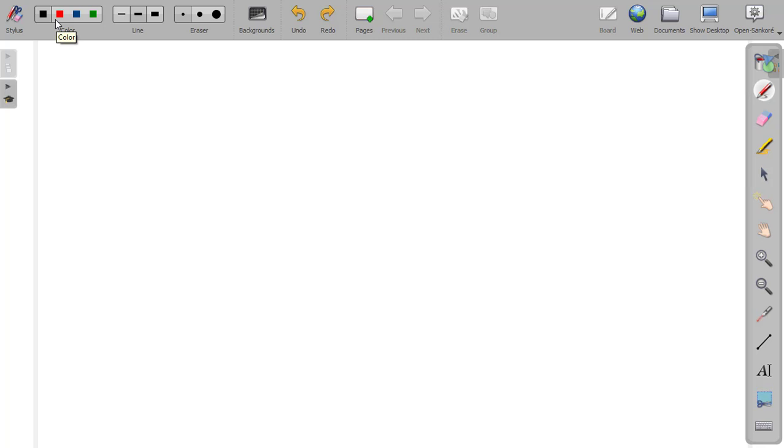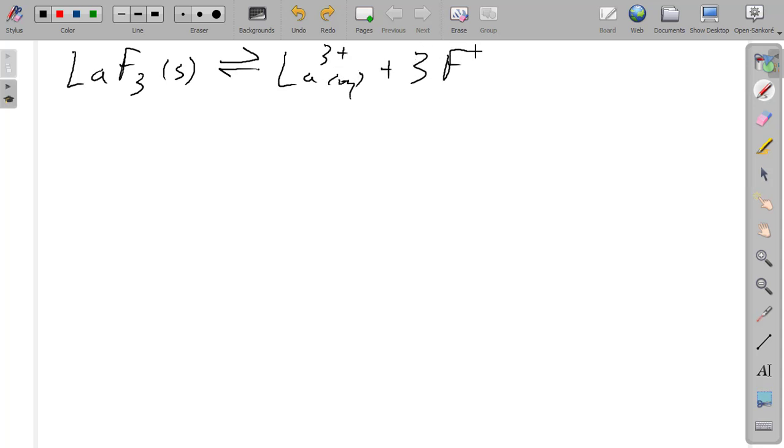They ask you to calculate the molar solubility of lanthanum 3-fluoride in pure water at 25 degrees Celsius, knowing that the solubility product constant for this substance is 2.0 times 10 to the minus 19th. All right, so again, start at the beginning and write a dissociation equation. Lanthanum 3-fluoride, solid, is going to dissociate to form lanthanum 3 plus aqueous plus 3 fluoride aqueous.